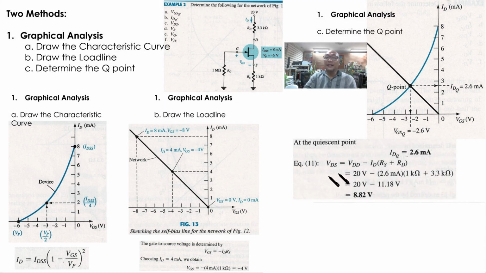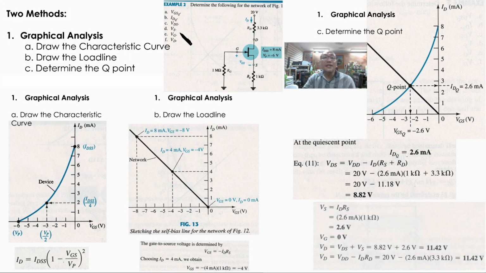We can already solve the value for VDS using the equation for the output loop, which is equal to VDD minus ID times (RS plus RD). VDD is given to be 20 volts, minus the IDQ that we were able to get using our graphical analysis, equivalent to 2.6 milliampere, multiplied by the total of RS and RD, and that will give us a value of 8.82 volts.